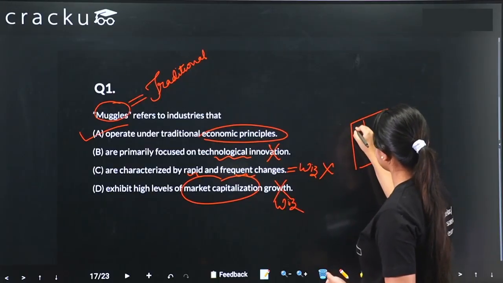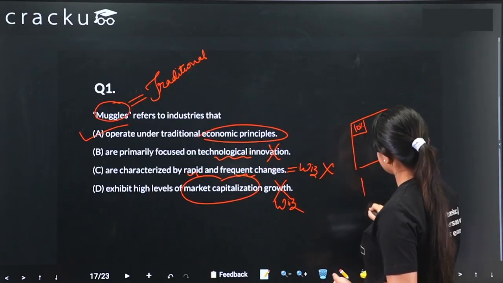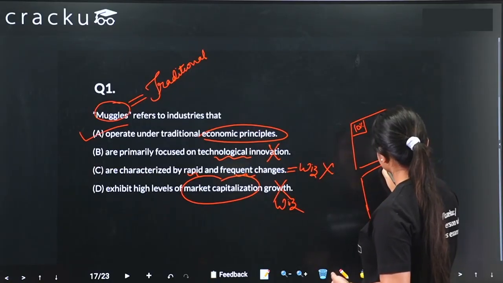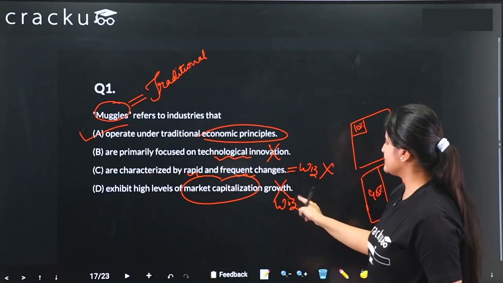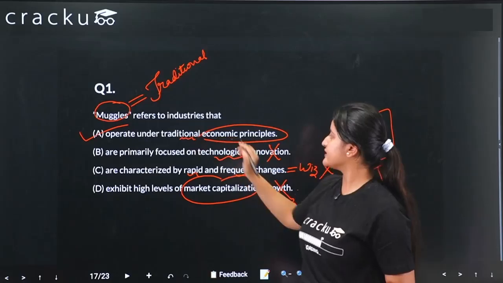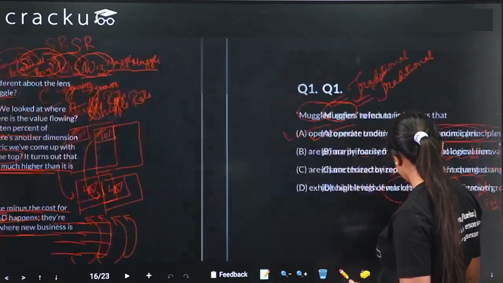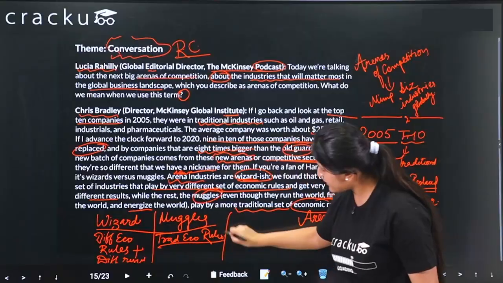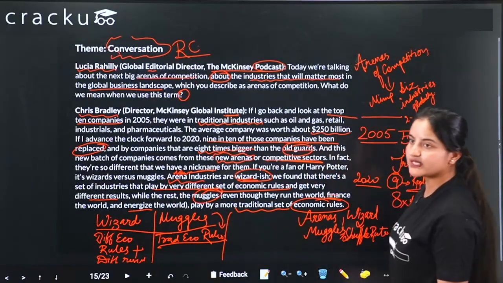Only 10% they capture, but when we talk about growth in market capitalization, they capture 45% of it. So this was for wizards, not for Muggles. Traditional economic rules are followed by the Muggles. That was the main difference we first noted here.